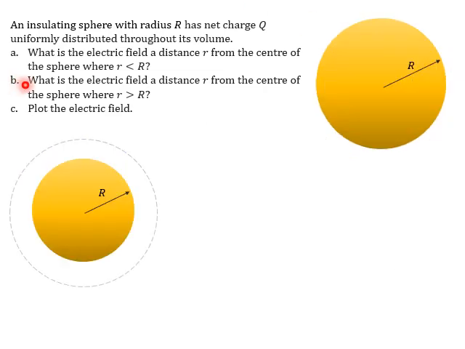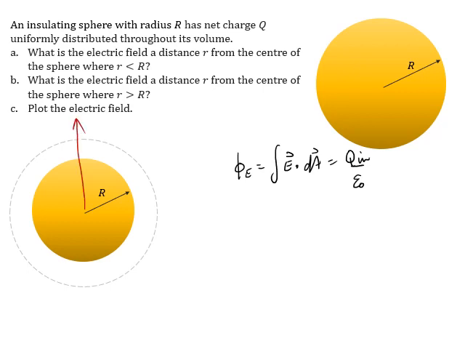For part B of the problem, what is the electric field a distance r from the center of the sphere where r is greater than R? So now we want the electric field outside. We begin with Gauss's law. Net electric flux equals the integral of E dot dA equals Q enclosed by our Gaussian surface divided by epsilon naught.